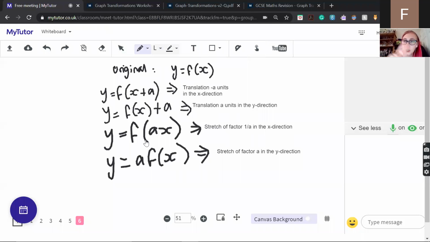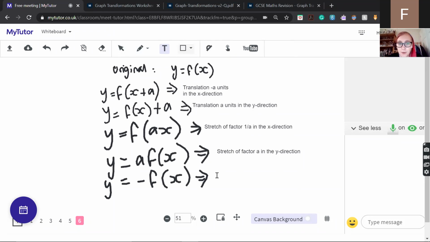Then we've just got two more, our reflections. So first of all, this is a reflection in the x-axis. This is a weird one to think about because it doesn't actually affect the x.